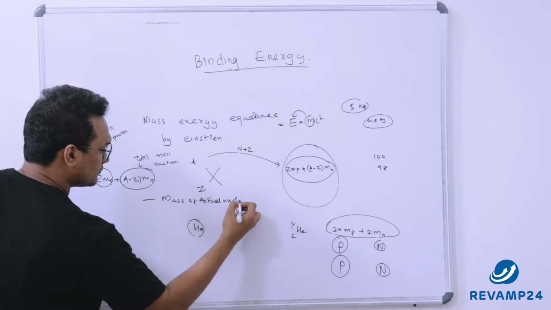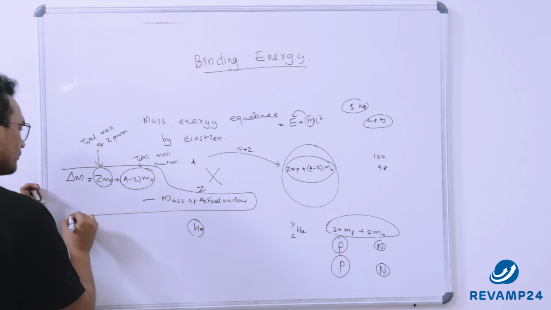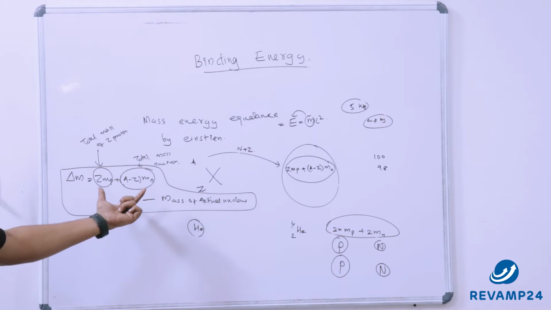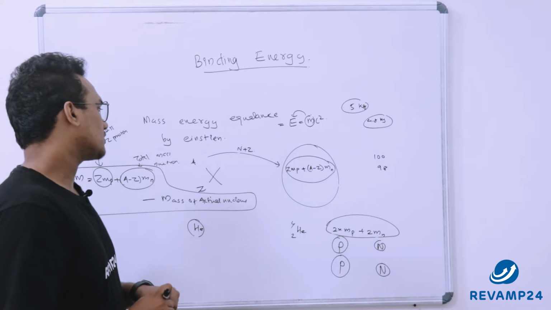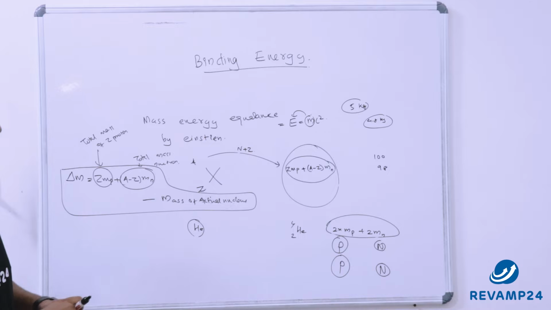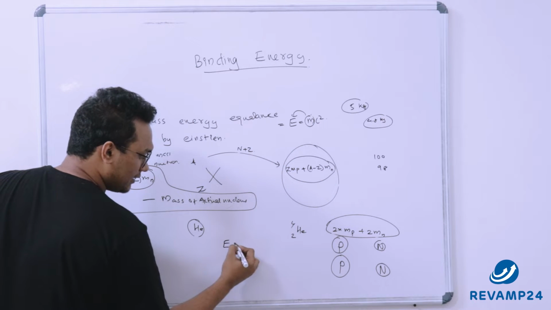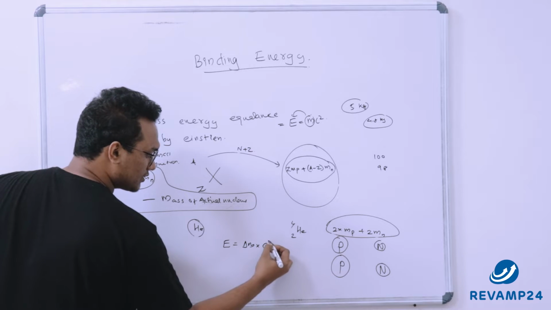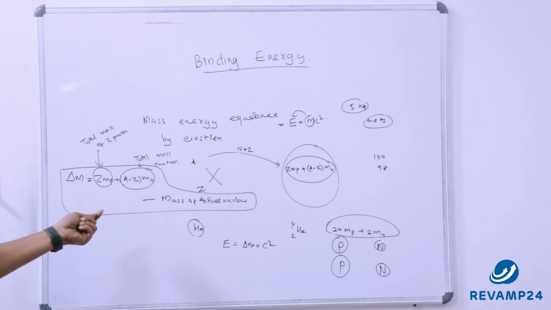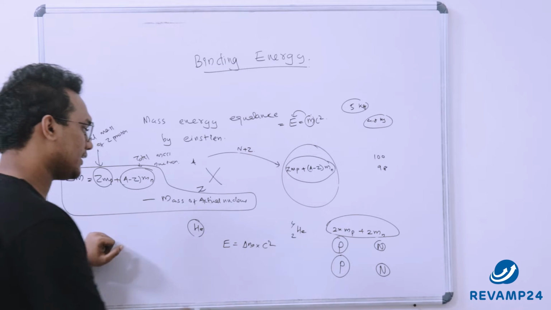This is the equation. What has happened to this mass? Why is there a change in mass? This is called mass defect, and this change in mass multiplied by c squared gives the energy: E equals delta m, the mass defect, into c squared. From this equation, delta m into c squared gives an energy.